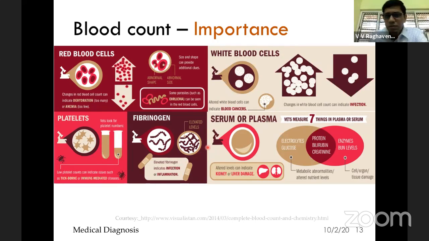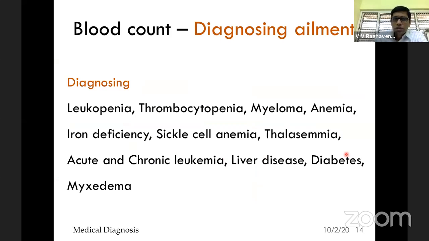As far as serum is concerned, of course, it has electrolytes, glucose, and then it has several proteins, and also something like enzymes, and many other molecules. So diagnosing any change in RBCs, WBCs can be related to a particular disease. Any deviation in glucose levels can be pointed to diabetes.